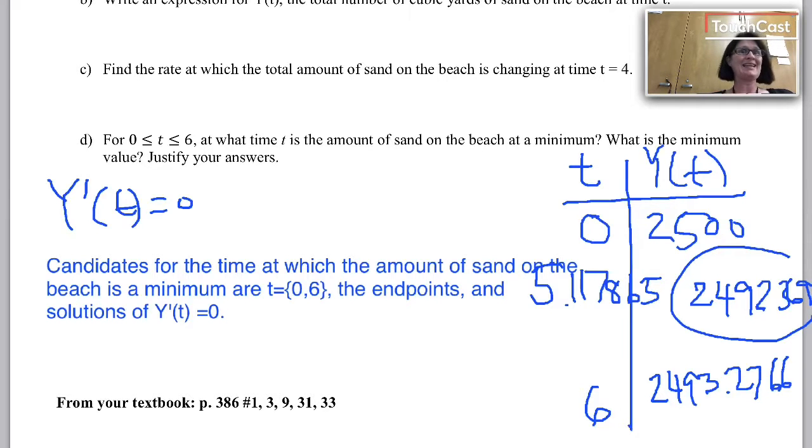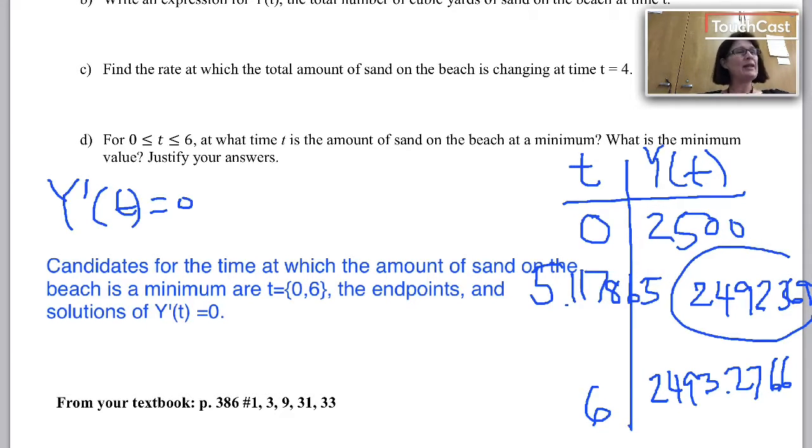That would be another way to say this, but you definitely, to get credit, are going to need to have written that equation, y prime of t equals 0, somewhere. Remember, that's the equation we solved on our calculator using the graph, and you can't get credit for solving an equation on your calculator if you haven't written the equation. So we have written y prime of t equals 0.